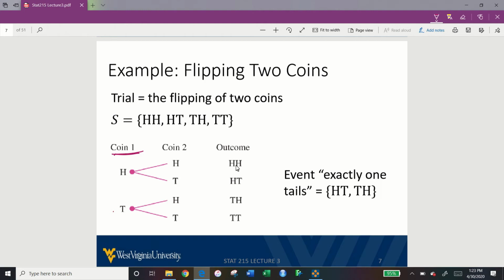Now we just have our second options. So again, we're either going to have a heads on the first toss and then heads or tails on the second toss, or we'll have a tails on the first toss and heads or tails on the second toss. One possible event of interest might be the event where we have exactly 1 tails. That would be HT or TH.